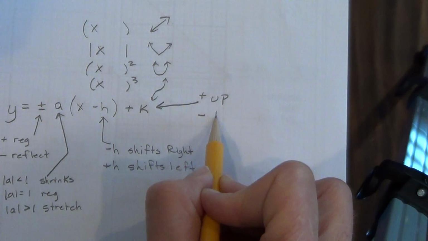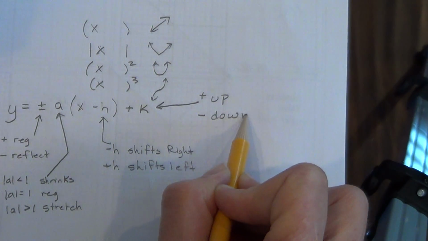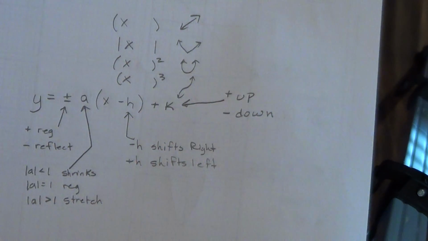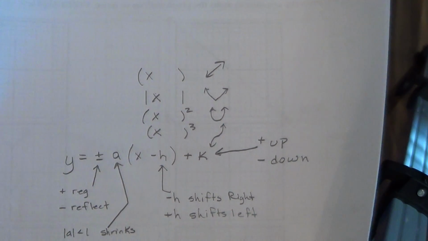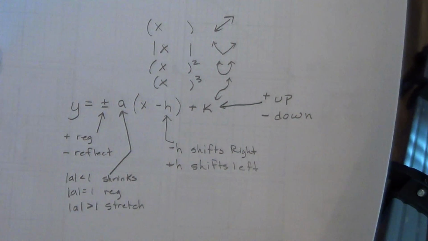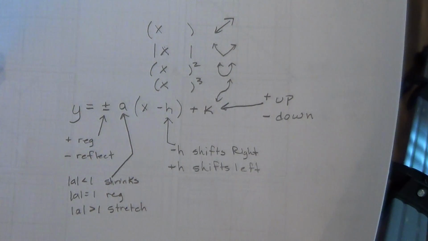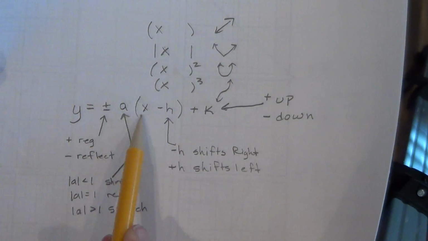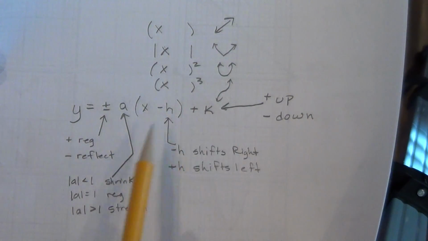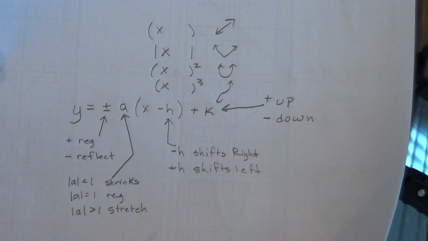If it's a negative, it's going to go down. So I suggest that you just make your own little control panel, memorize that. I didn't give you very much vocab for this section, so just memorize your control panel, the different shapes around here, because the shapes of the graph, and then what each of these levers does.